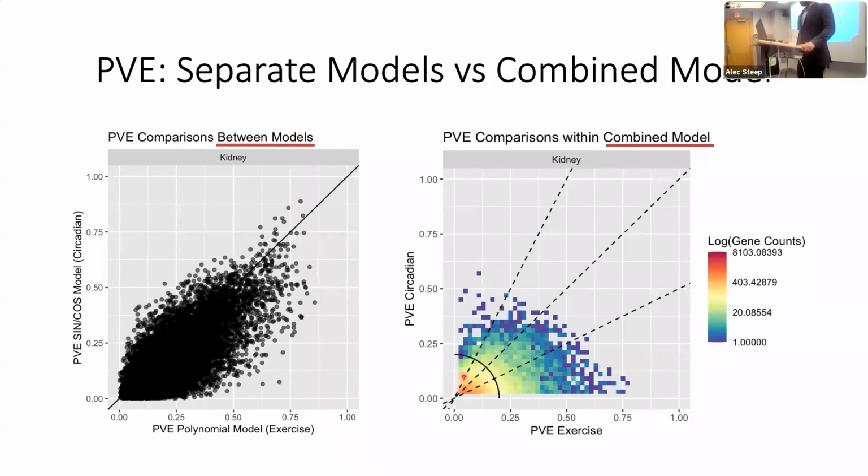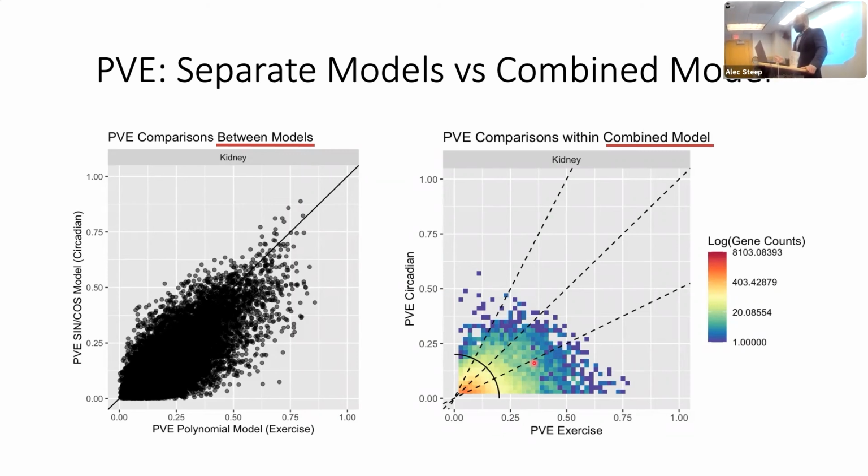But a minority of the genes are modeling better to the circadian model, where the majority are really modeling better to the percent variance explained from the acute exercise part of that model.